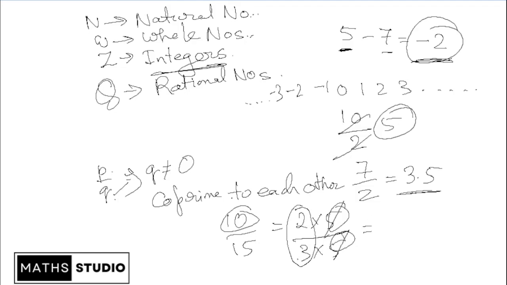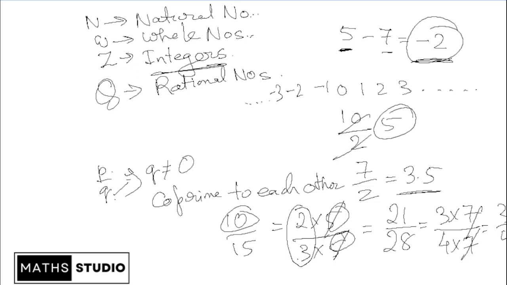Let us take another example. 21 by 28. So what do we get? 3 into 7, and here we get 4 into 7. So 3 by 4. 4 is not a prime number. 3 is a prime number, but 3 and 4 cannot cancel each other out further.